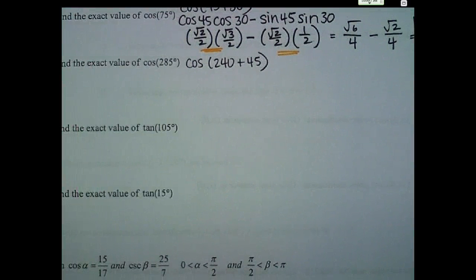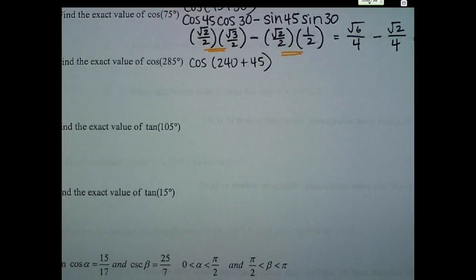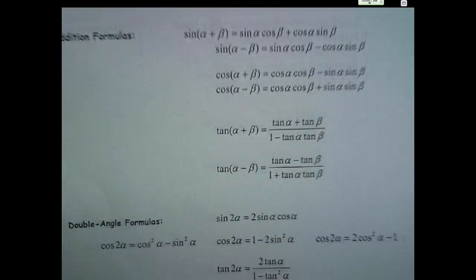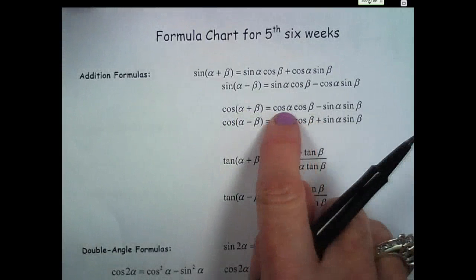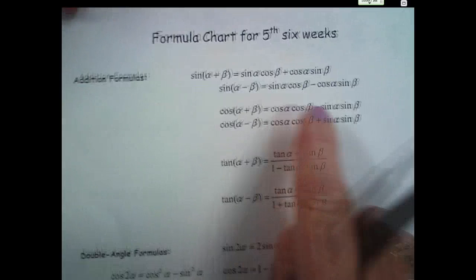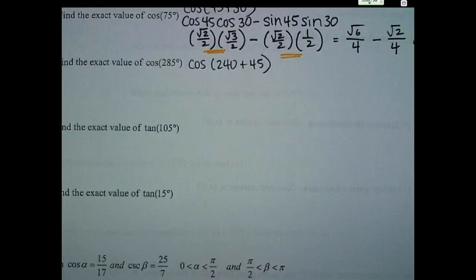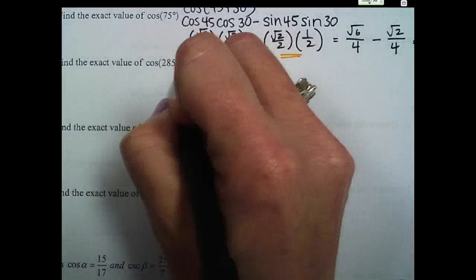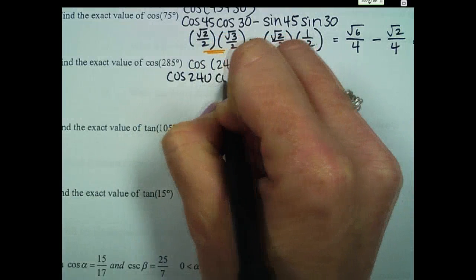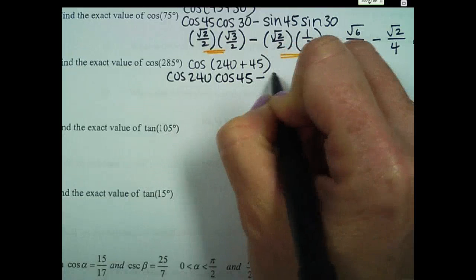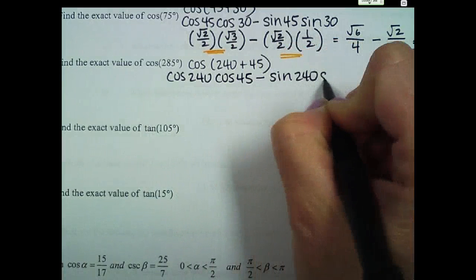Now I'm gonna go back to my formula chart. There's two cosine alpha plus betas, one's plus, one's minus, right? So find it on your formula chart. Okay, it's right here, cosine alpha plus beta, cosine, cosine, sine, sine, this one. And we're gonna use that formula. So now we're at cosine 240, cosine of 45, minus sine of 240, sine of 45.